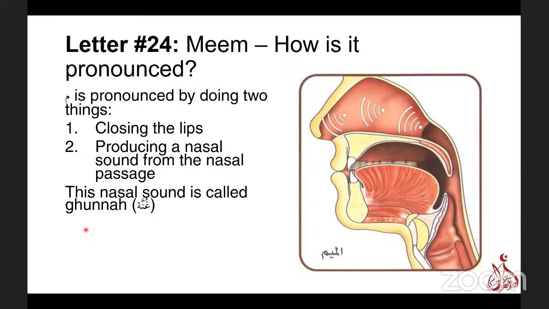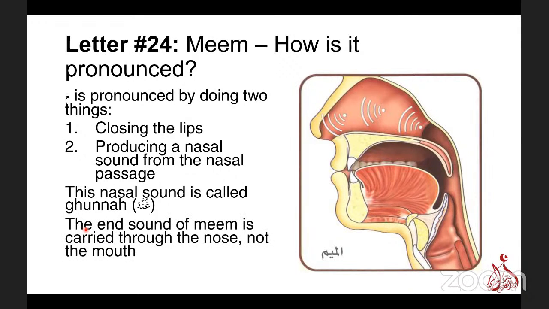So anyway, that nasal sound that you see, that sound inside there is called the sound of a ghunna. So the end sound of the Meem is carried through the nose, not the mouth. Unlike other letters, the actual sound of the letter is carried through the mouth. But for Meem, the actual sound of the letter is carried through the nose.